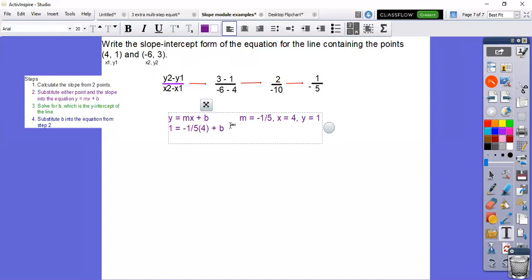So when I do my math, I have 1 equals. Again, multiplying a whole number times a fraction, you multiply the numerator, negative 1 times 4, which is negative 4, divided by 5. Can't divide by 5, so you just leave it alone. Negative 4/5 plus b.